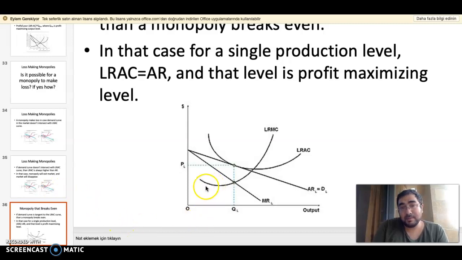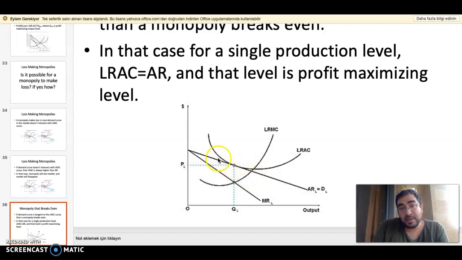It's the case when the demand curve, or the average revenue curve, and the long run average cost curve intersect at only one point. In other words, our demand curve is tangent to the long run average cost curve. This is the case when our company is breaking even at the profit maximizing point. How do you know it?